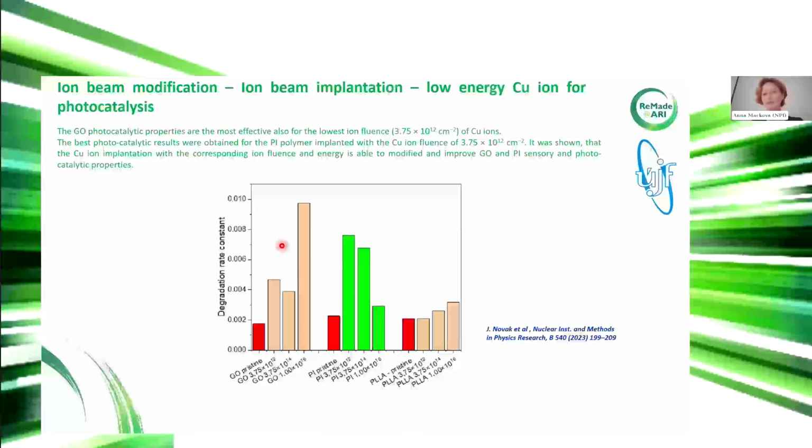And then we also tested photocatalytic properties. Here we can see that if we compare the pristine samples with polyimide and graphene oxide, we see, especially in polyimide, a strong enhancement of photocatalytic activity.